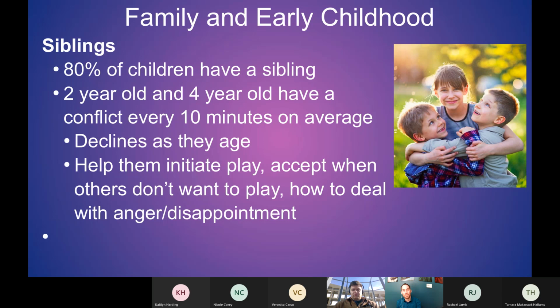So with this, as a parent or as a caregiver, as a professional working with kids, helping them initiate play, accepting when disappointment happens, like when someone doesn't want to play, or helping them coach through or doing emotion coaching parenting when they're angry or something is really helpful in these kinds of play settings.